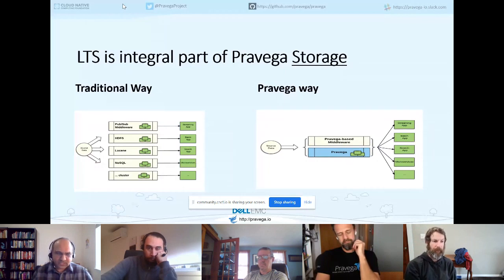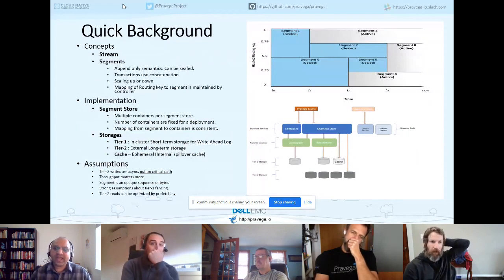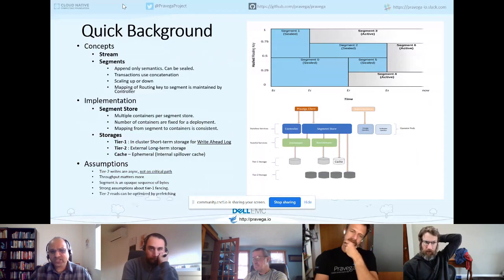So, quick background: the fundamental concept in Pravega is the stream. And for this particular talk, the most important concept is that streams are made up of segments. If you look at the diagram on the right, at the top, we have a stream, which is composed of multiple segments.